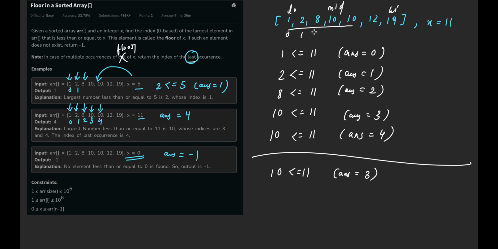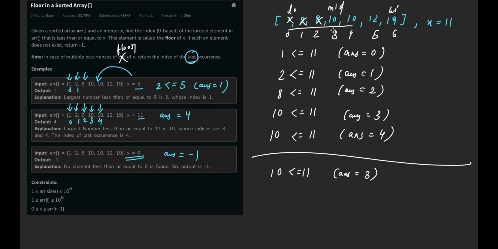Let's also mark the indices. Now where should we search such that we get a floor element of 11? Since 10 is a possible candidate, it would be feasible to discard the elements at mid -1, that is in the lower search space.